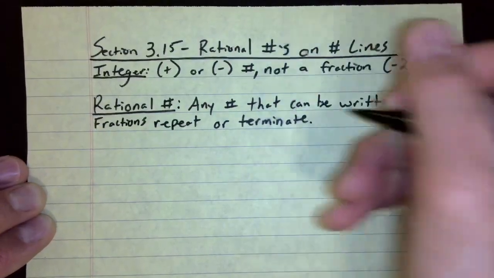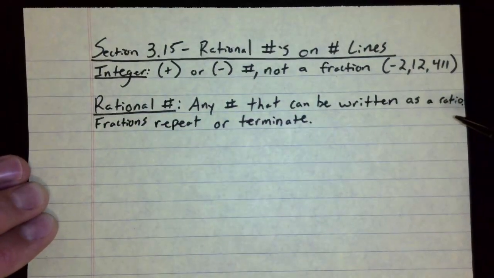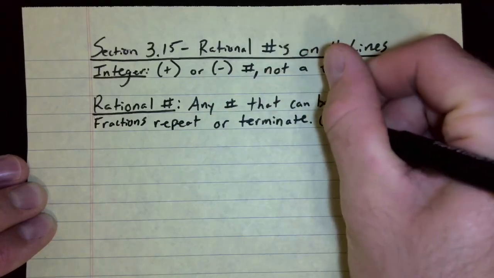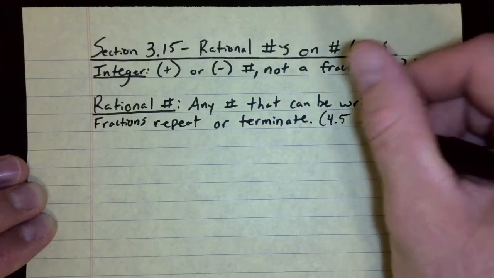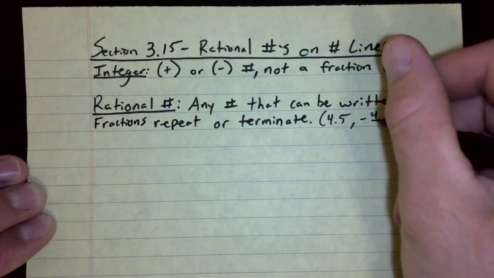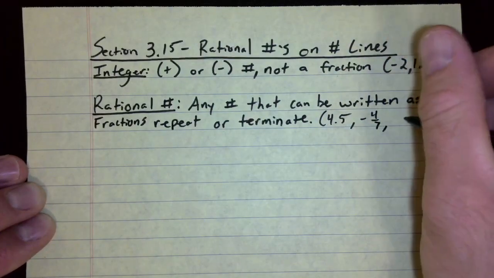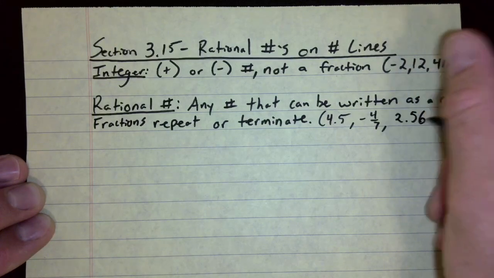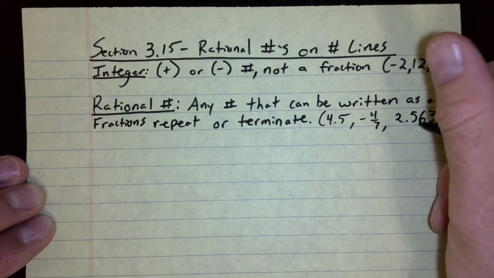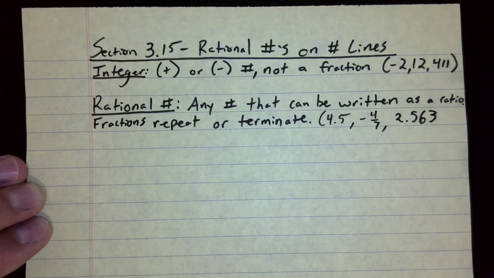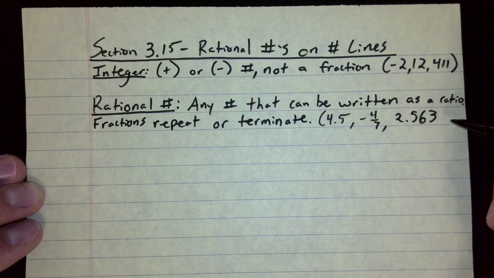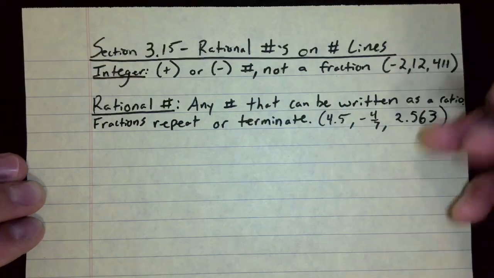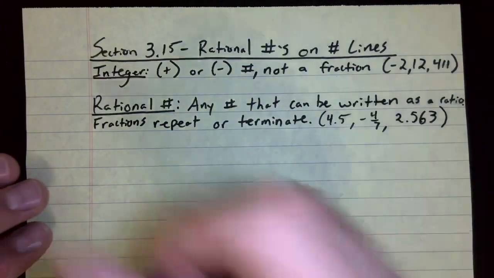So rational numbers are any numbers that can be written as a ratio, fractions that repeat or terminate, such as 4 and 5/10, -4 and 7/10, or 2 and 563 thousandths. So any of those numbers would be great examples of rational numbers.